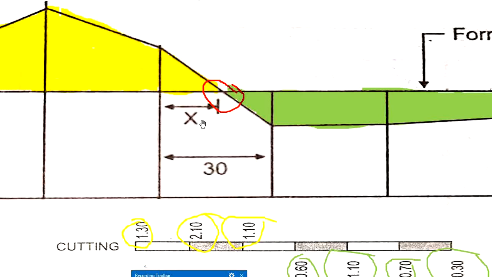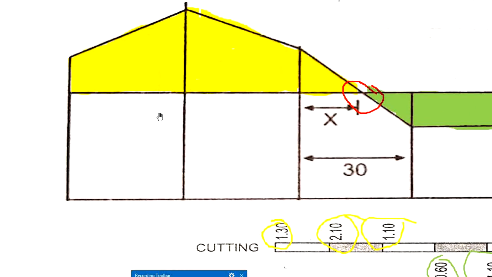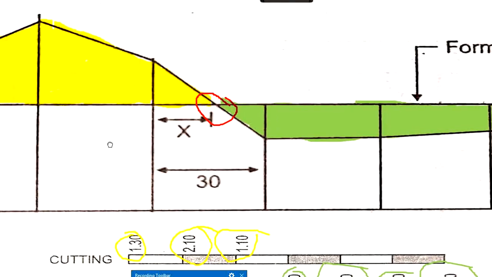We can calculate the length from here, 20 plus 20, or 30 plus 30, 60. 60 plus how much x, that we are not knowing, right? We know the 30, but partly that portion will be going for cutting and partly for filling. We do not know the cutting length and the banking length. For that we have a calculation, right? That calculation is called the interpolation method.